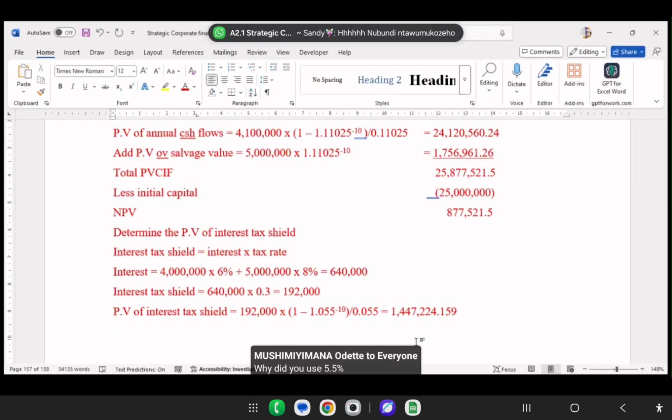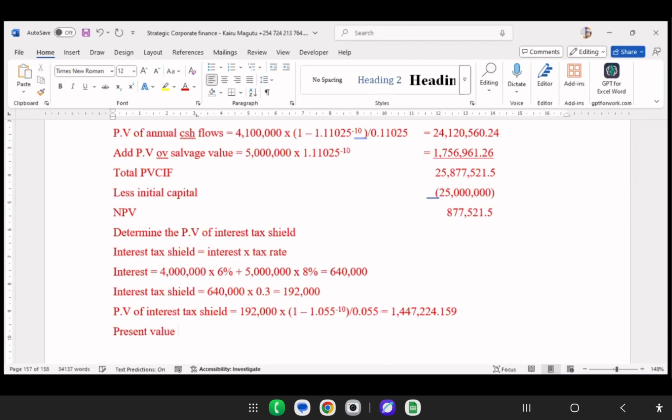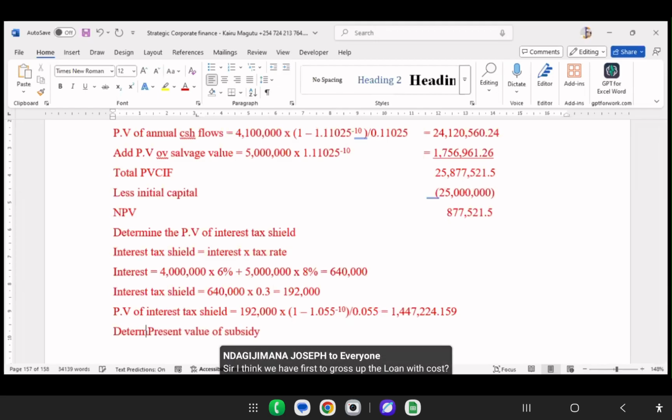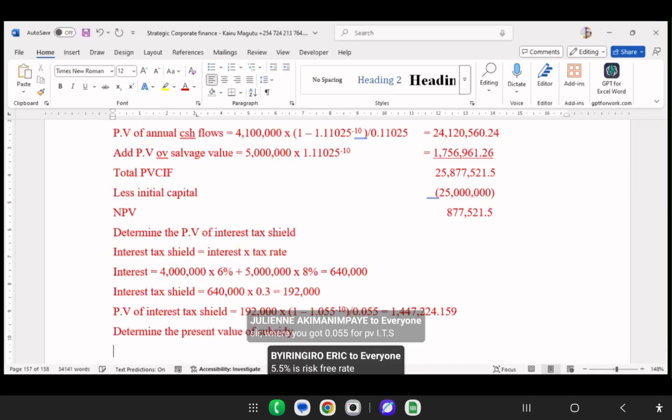Then determine the present value of the subsidy. The subsidy is guaranteed by the government. It will have to be given. How much is the subsidy?